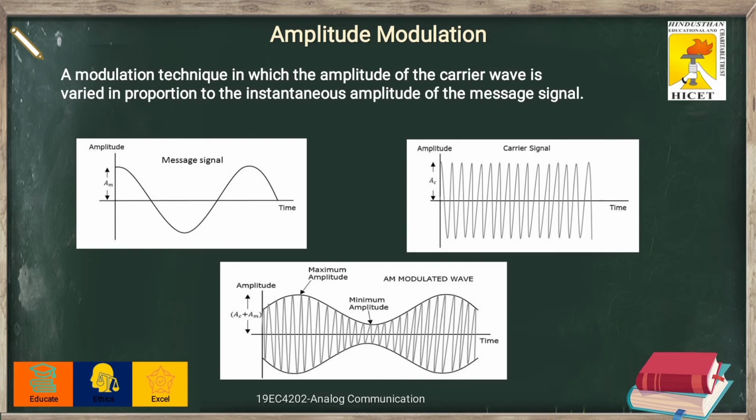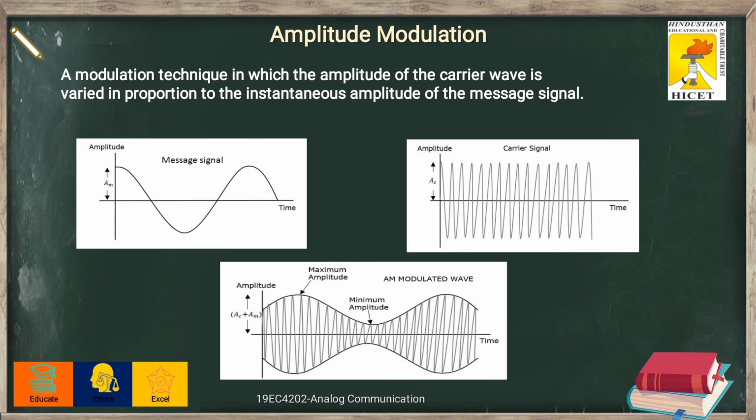For any signal, the 3 important parameters are amplitude, frequency, and phase. In amplitude modulation, the amplitude of the carrier wave is varied according to the amplitude of the message signal.